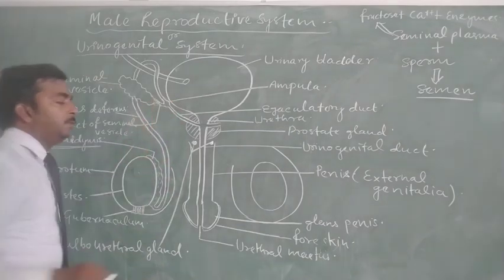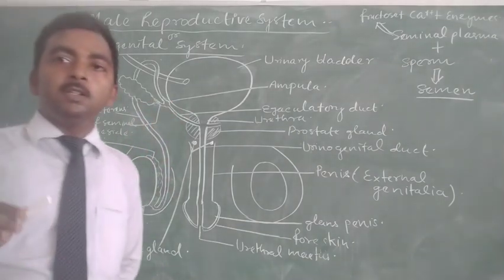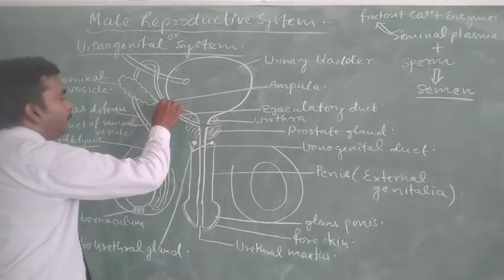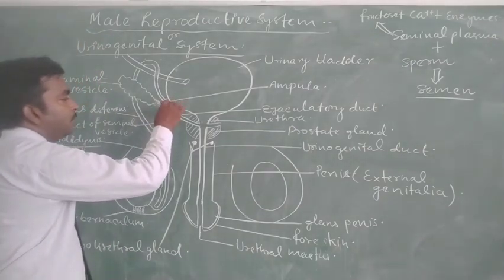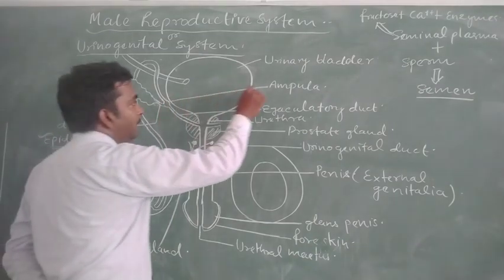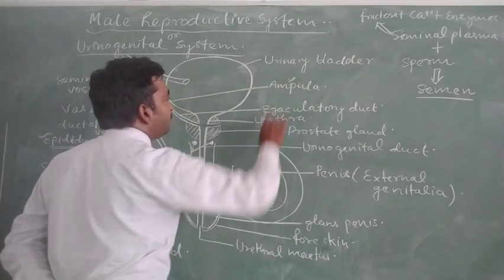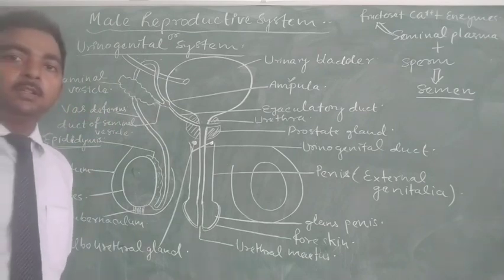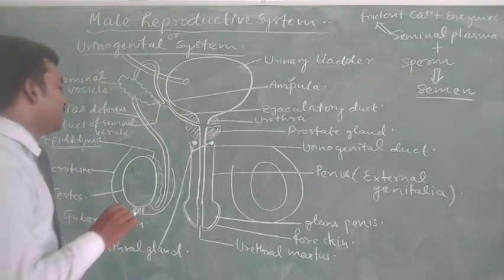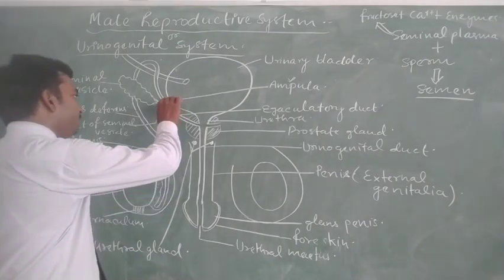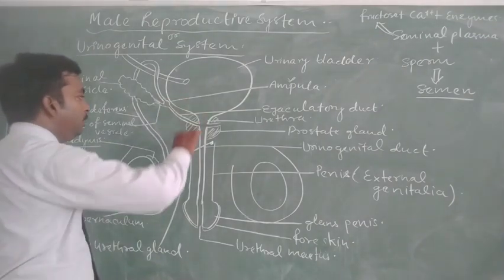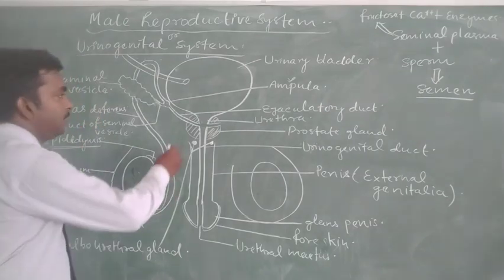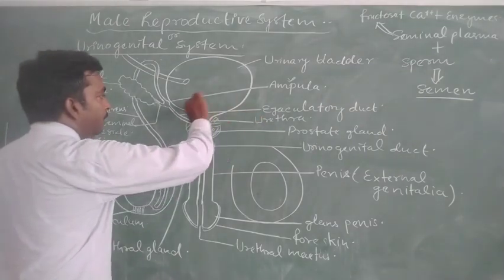At the place where the duct of the seminal vesicle joins the vas deferens, the vas deferens becomes somewhat swollen, and that swelling is known as the ampulla. Then it continues towards the urethra, and that duct is known as the ejaculatory duct.